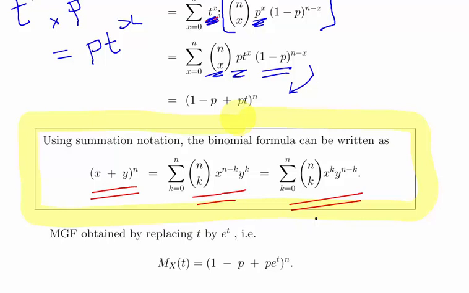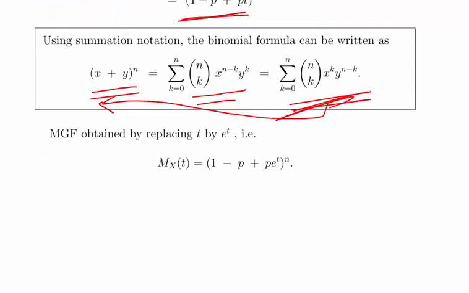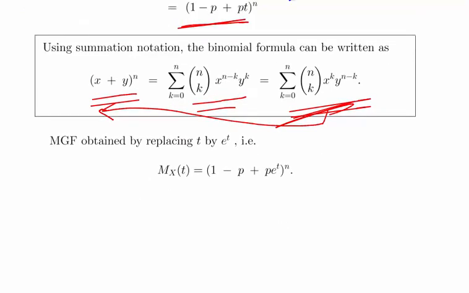Essentially, this is how we go from (pt) to the power of x times (1 minus p) to the power of n minus x. We use this formula to get to here, and that's how we end up down here. The key thing, apart from the definitions, is anticipating the binomial theorem.